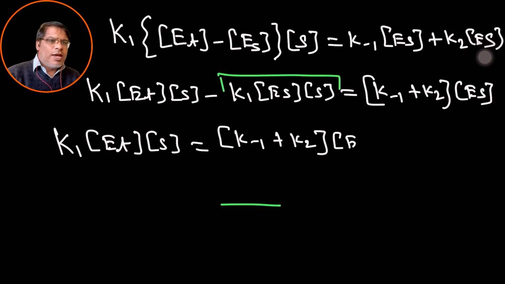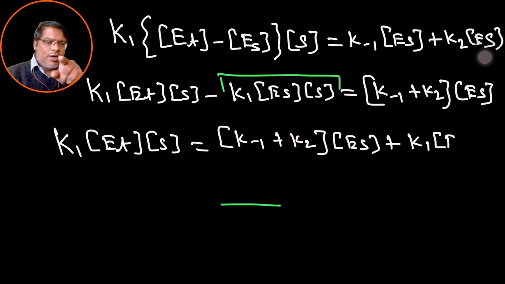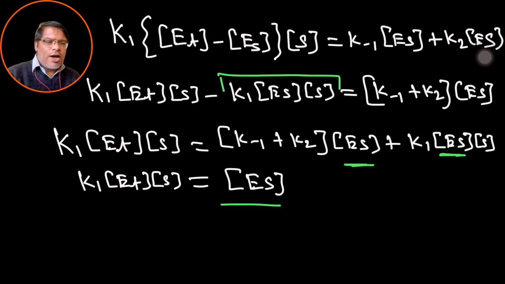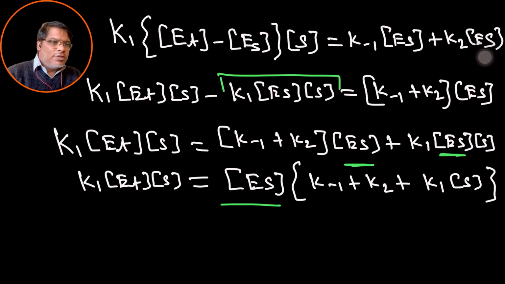So K1 E_T substrate concentration is equal to K minus 1 plus K2 times ES, plus K1 ES times the substrate concentration. Here the enzyme substrate complex is a common term, so you take it out: K1 E_T substrate concentration is equal to ES times (K minus 1 plus K2 plus K1 times substrate) in the bracket.